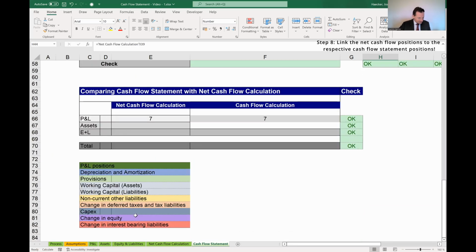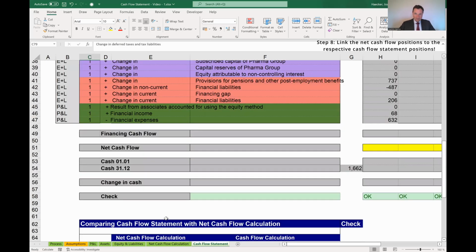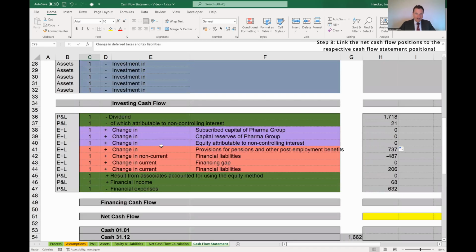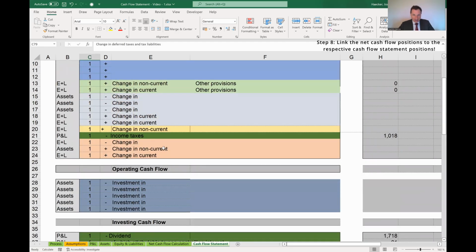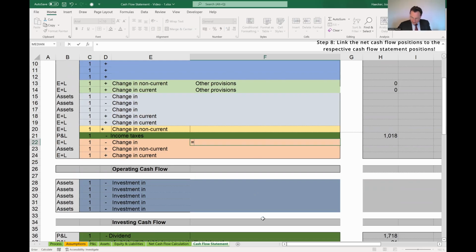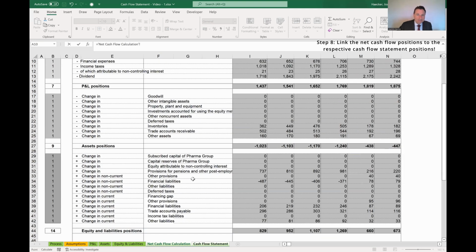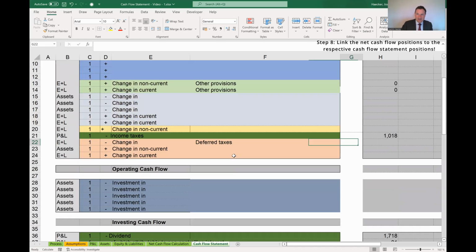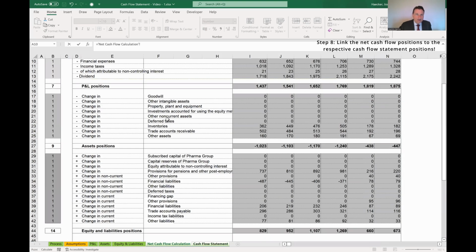Next comes the change in deferred taxes and tax liabilities. The whole tax issue is not in the financing, not investing, but in the operating cash flow. So I'll put in the change in deferred taxes on the asset side, which then needs to be subtracted, therefore a minus. So that's a 0.